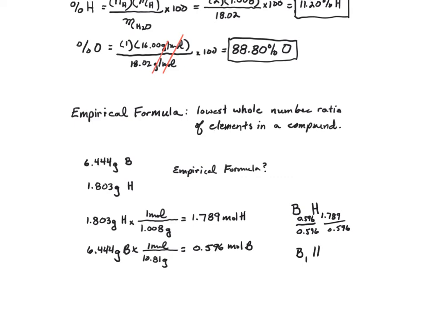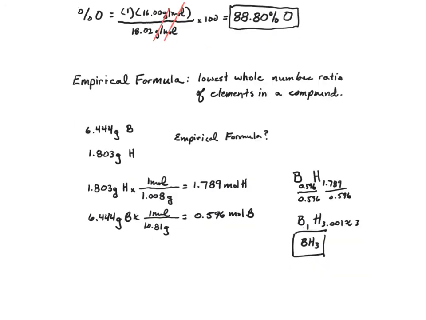And then we take the 1.789 and divide it by the 0.596, and we get 3.001, which is effectively 3. So we get BH3, and that is the empirical formula for this compound.